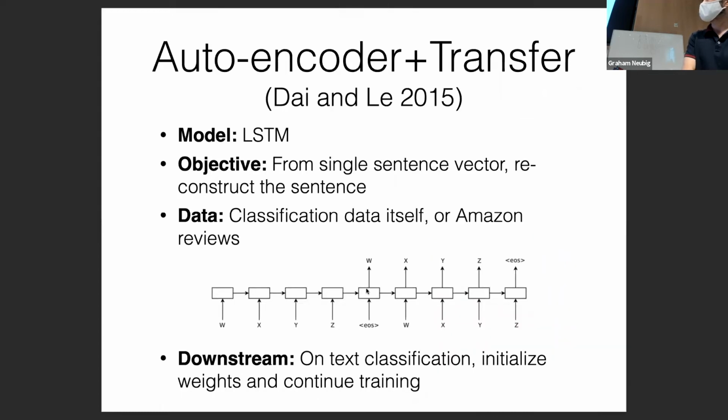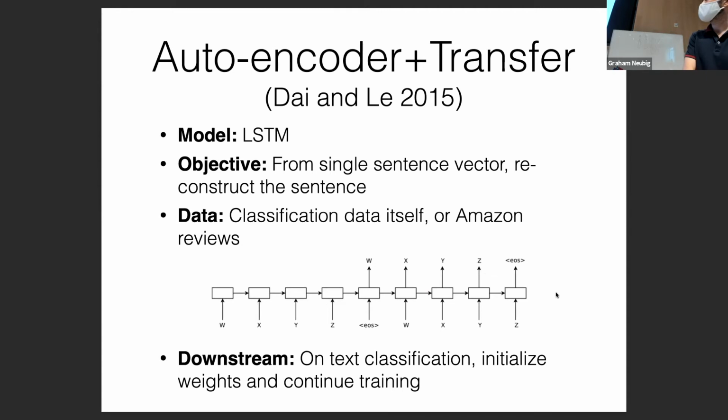But this autoencoder is attempting to directly encode the entirety of the information about the sentence in a single vector, and then decode the output sentence. So you have an encoder and you have a decoder like this.